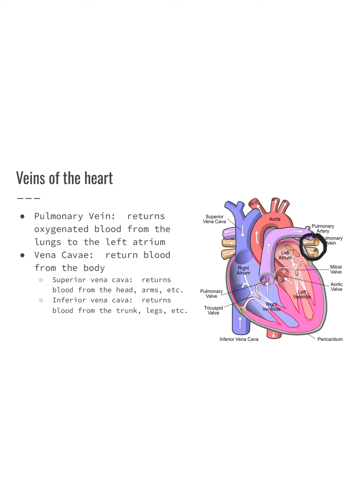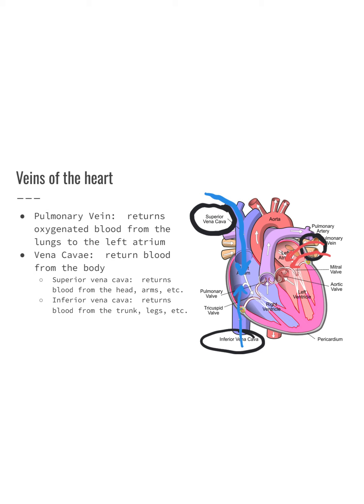We also have the vena cava. We've got superior, which is right here, and inferior, which is right here. So superior and inferior, we've got deoxygenated blood going into the right atrium, pulmonary vein, oxygenated blood going into the left atrium.